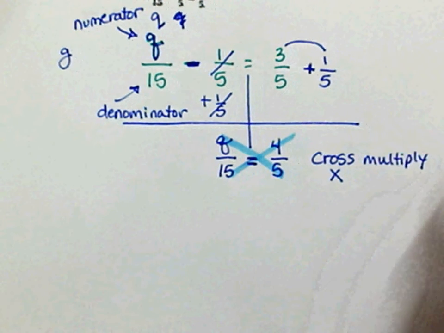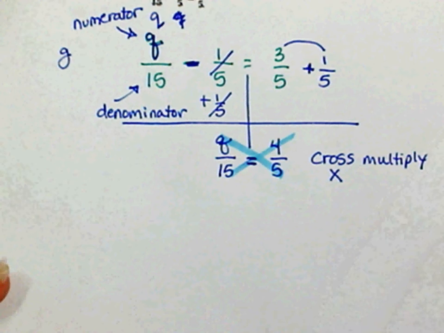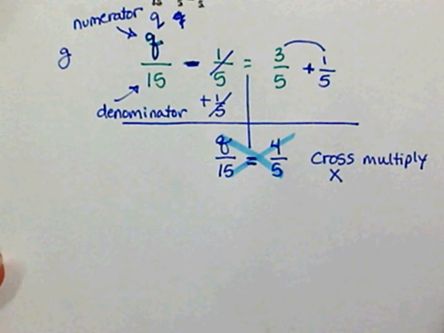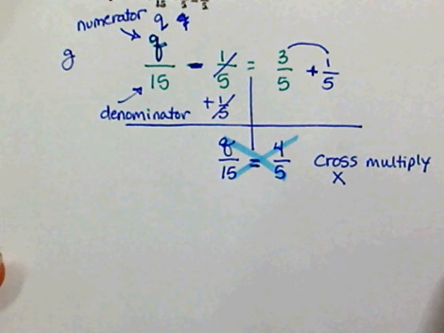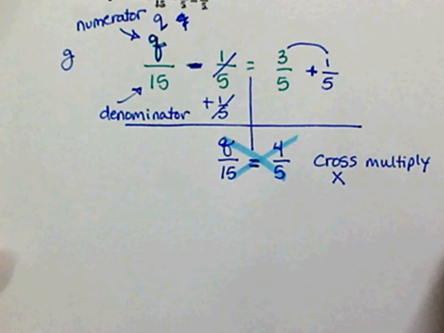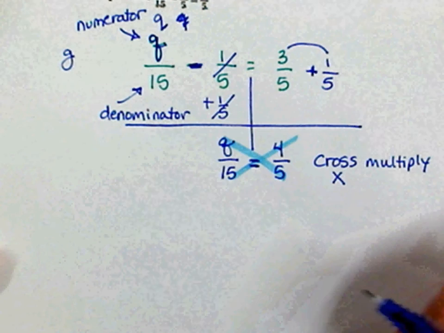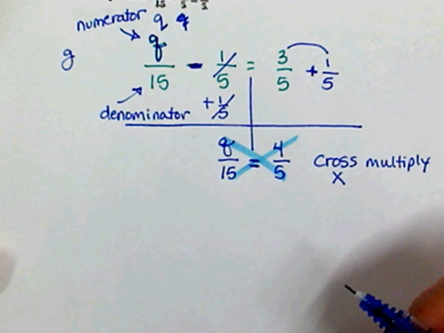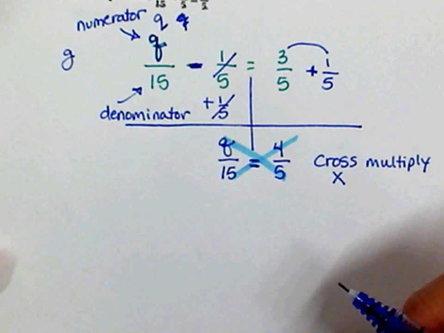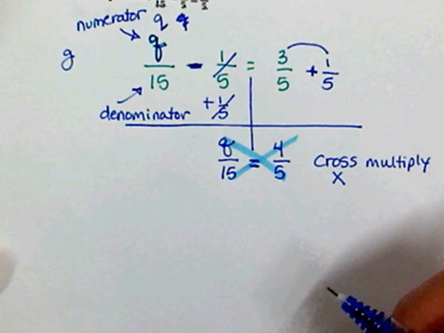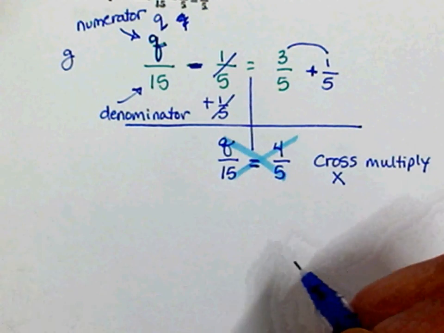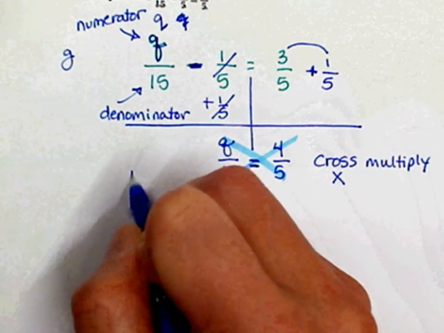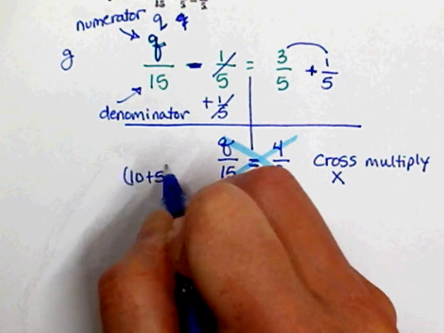You guys got a calculator or your cell phone so you can kind of do the math? Okay. What is 15 times 4? 15 is the same as 10 plus 5 times 4. 60. Very good.